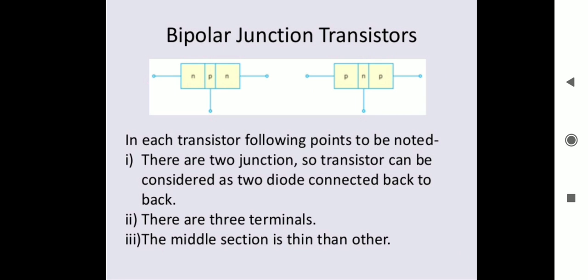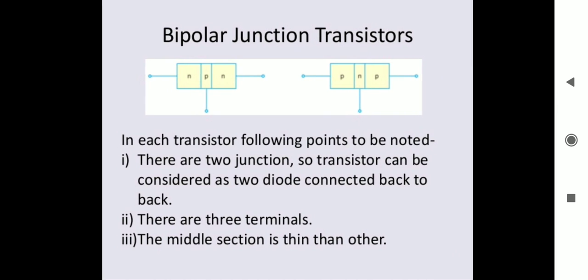There are two types of transistor: NPN and PNP transistor. So you can draw these symbols in your notebook: NPN transistor and PNP transistor symbols.